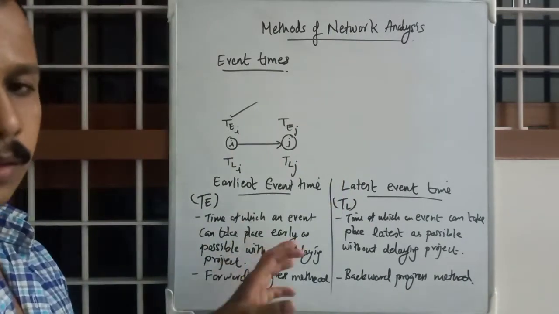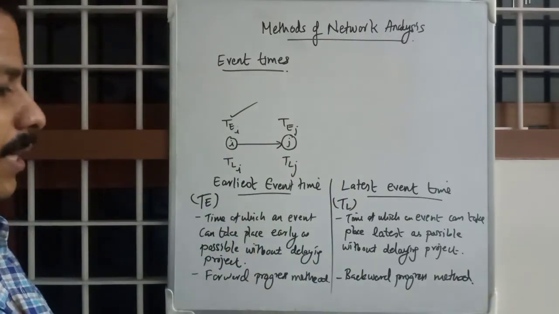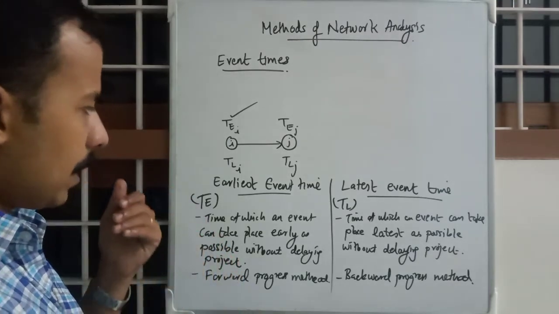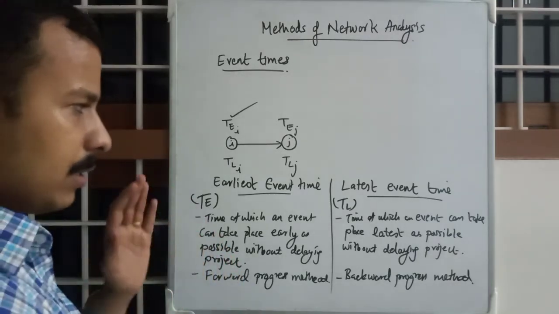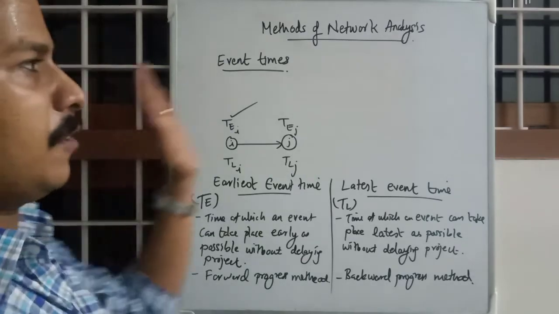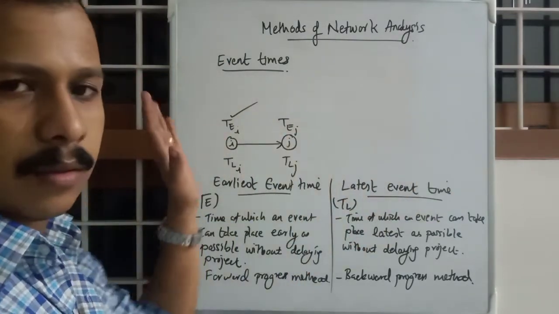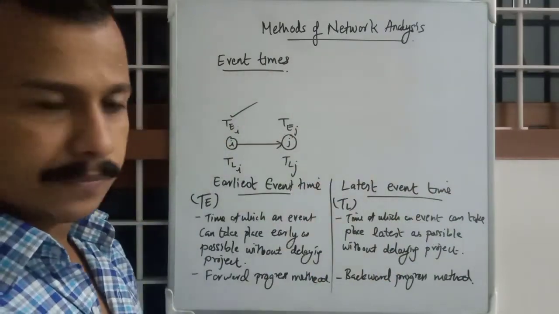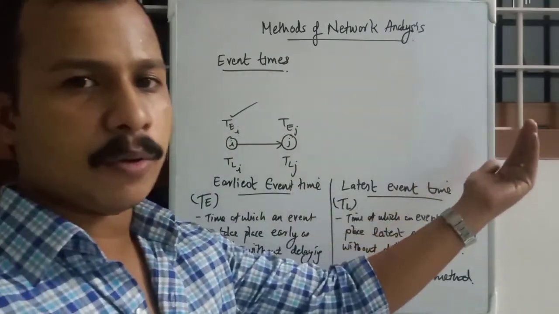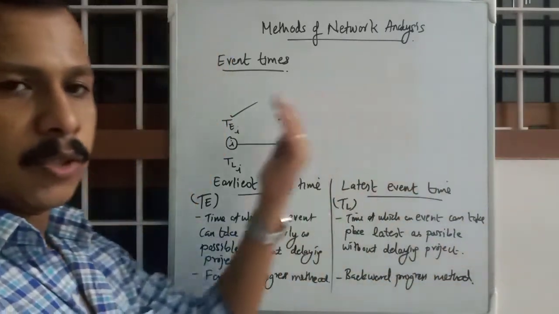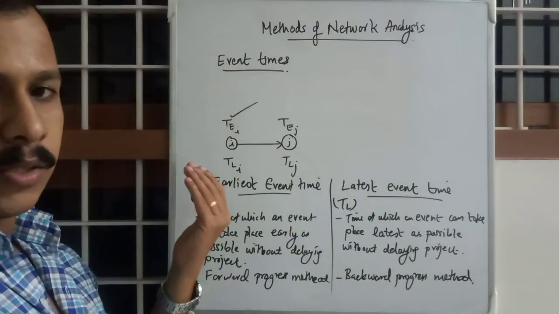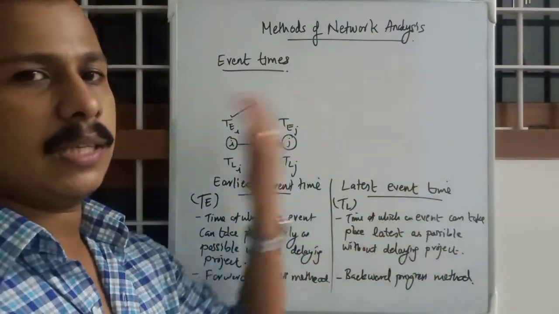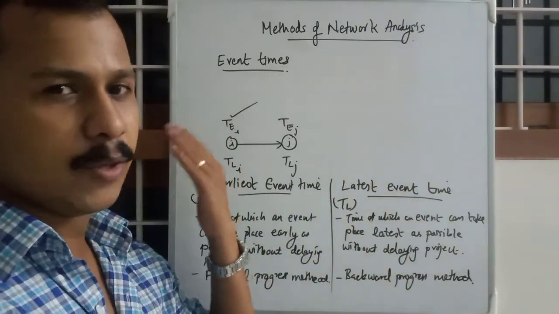We'll do a problem to understand it better. TE is calculated from left to right, according to time division, forward progress. But TL will be found from the last event to the first event. So TE is found from first event to last event, whereas TL is the opposite.